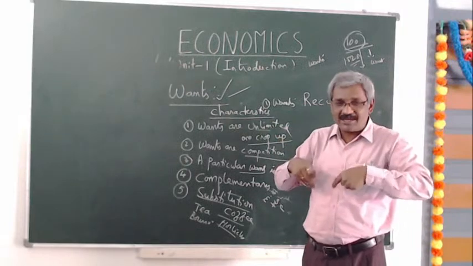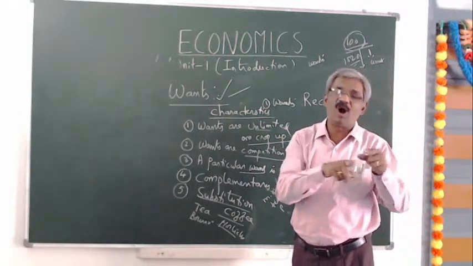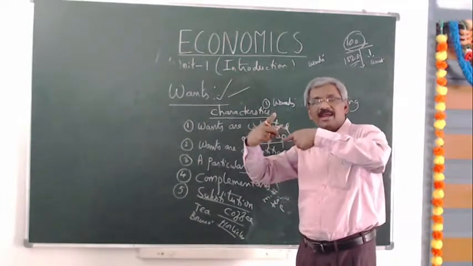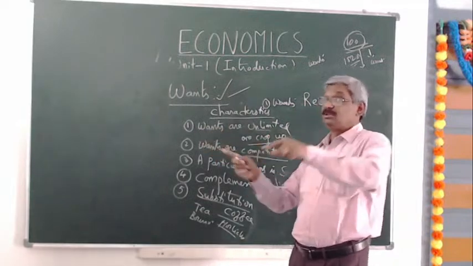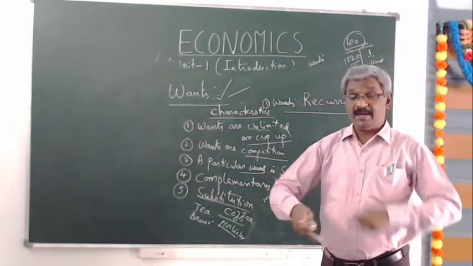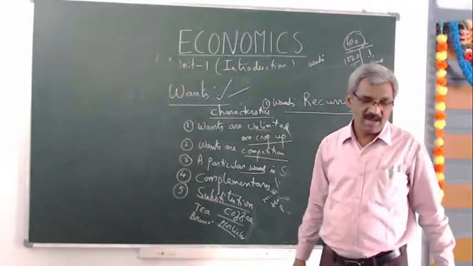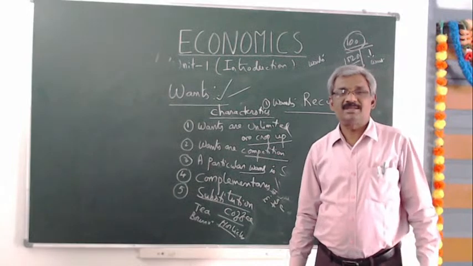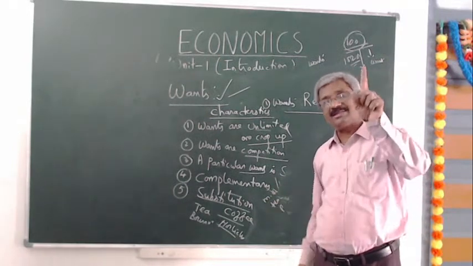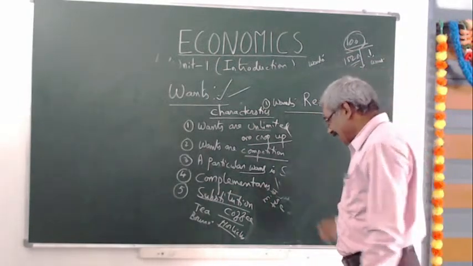Suppose one want is satisfied at one point of time, again the same want recurs, reappearing at another time. So that is called wants are recurring, repeated. The same want can be repeated. The satisfaction of human wants is repeated for the same one want. So that is called recurring.